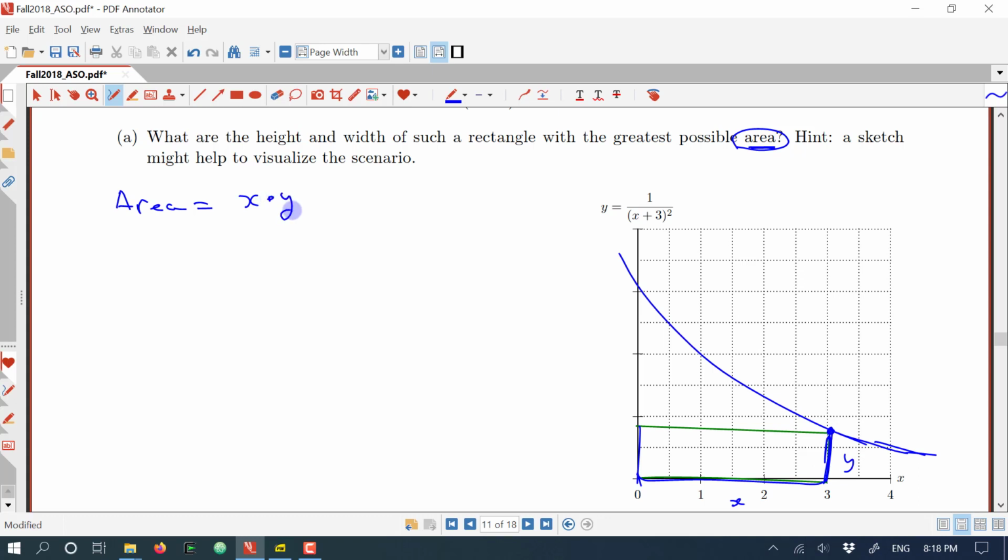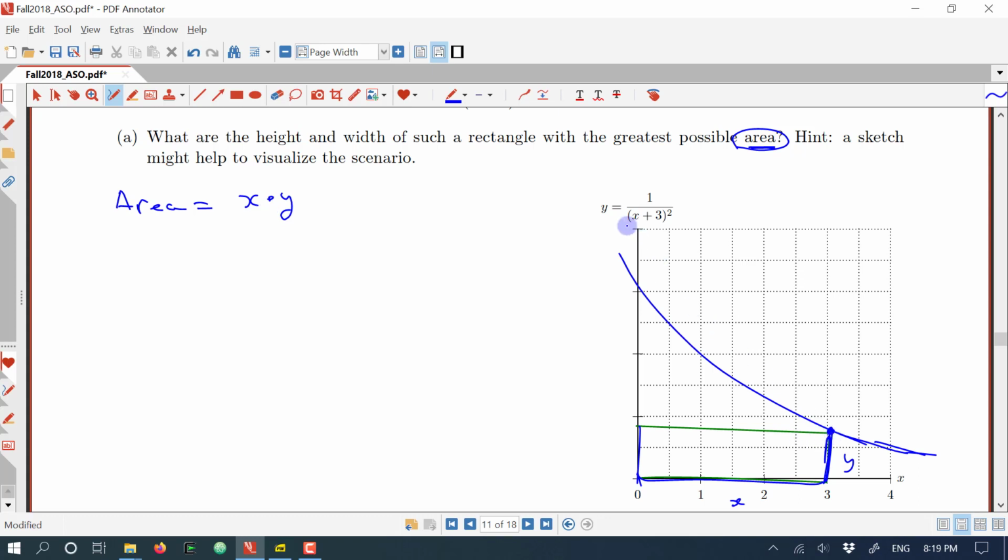So we can start with x times y as our area. Can I differentiate this and set it equal to 0? Not yet, because we still have two variables, x and y, in this function. We need to reduce this down to a single variable.